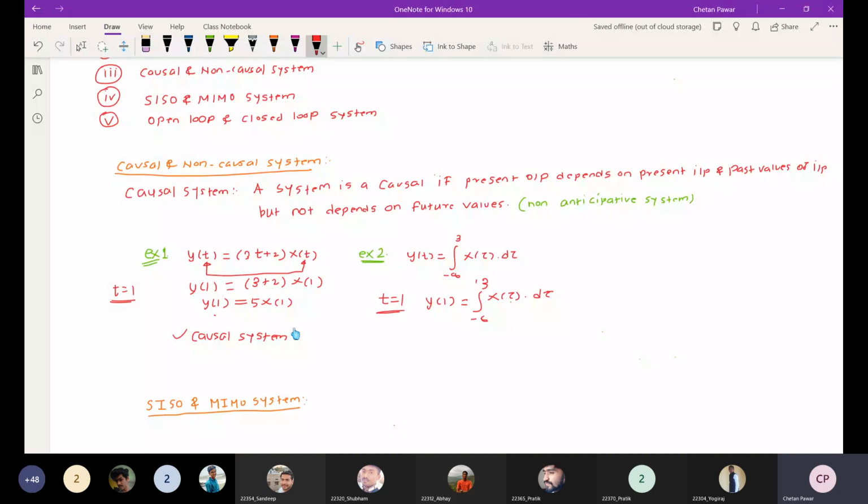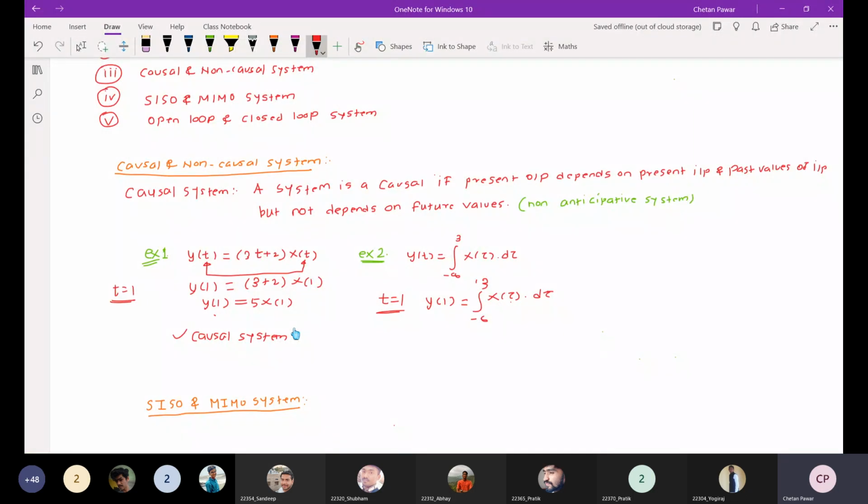Now, in example 1 the system is represented by this equation. y of t is the output and x of t is the input, and y of t is equal to 3t plus 2 x of t. I want to find out whether this system is causal or non-causal.